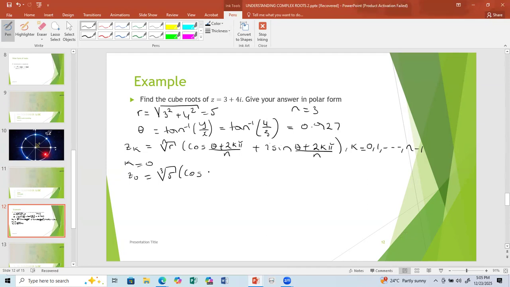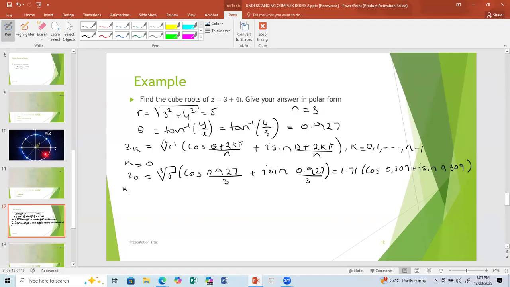So we're going to have our theta, which is 0.927 divided by 3, plus I sine 0.927 divided by 3. And the answer here is given by 1.71 times cosine of 0.309 plus I sine 0.309. That is the first root.